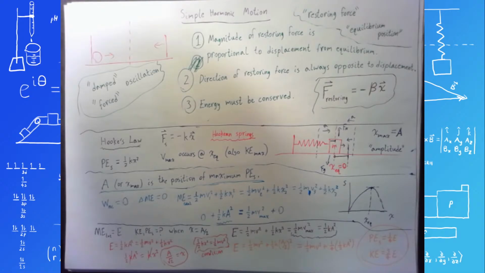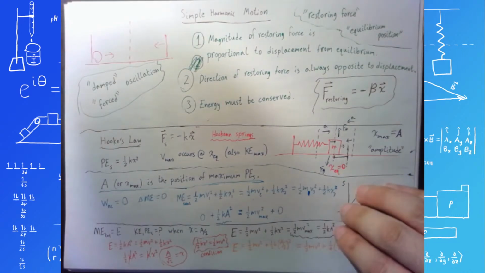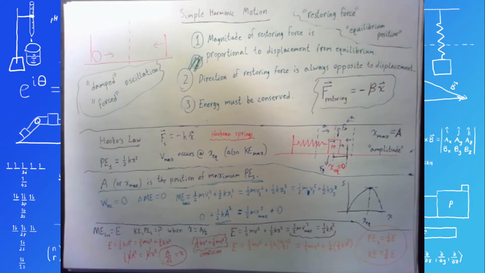That was an exercise in remembering that total energy can be set to the maximum kinetic energy or the maximum potential energy in order to make some mathematical simplifications when needed. Let's have a look at another problem.